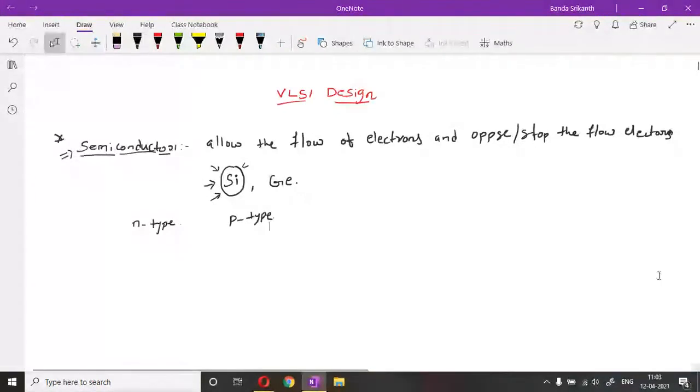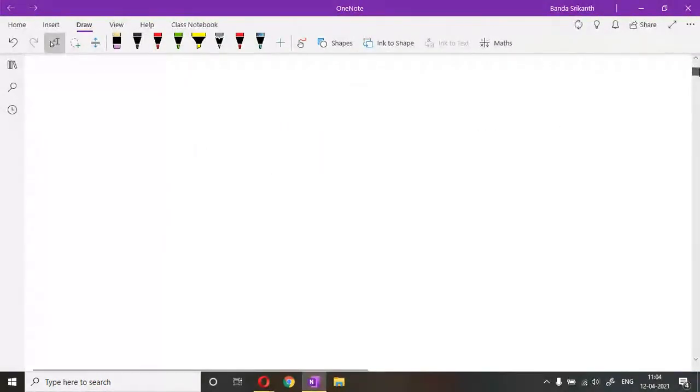Anybody? Okay, very good. So how can we make it as an N type material and how can we make it as a P type material? By using doping. Very good.